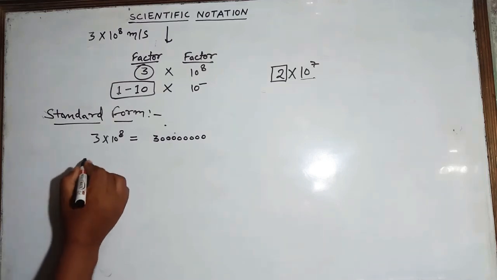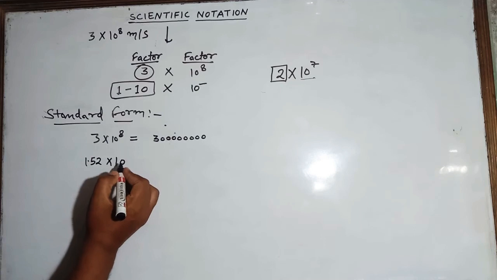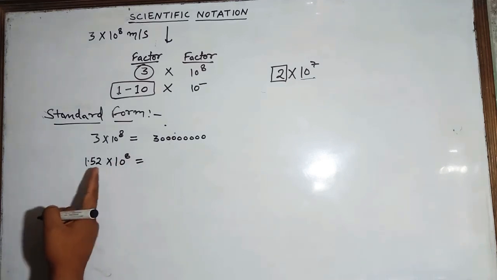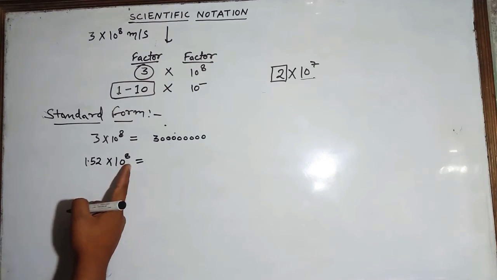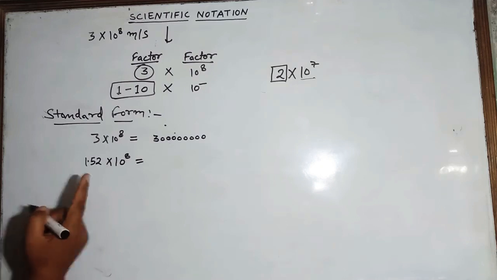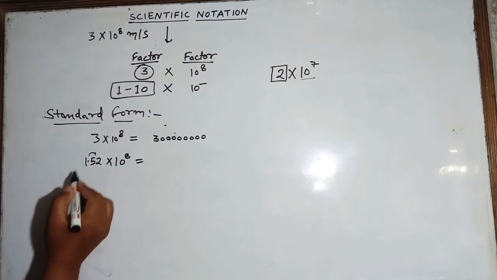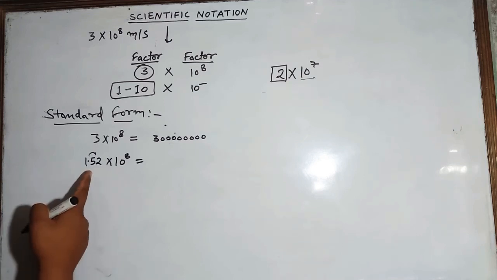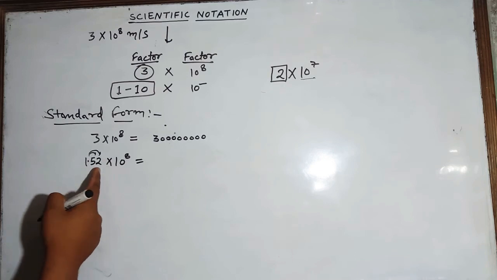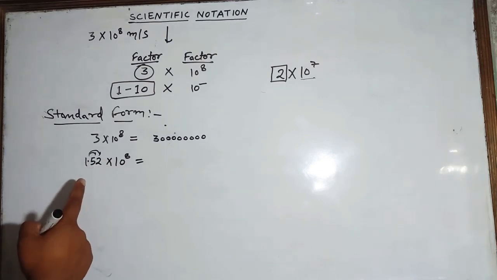One more example: if 1.52 into 10 to the power 8 is written, what will be the standard form? Here power is 8, meaning we multiply by 10, 8 times. Here is the decimal point. If we multiply with 10, the decimal will move one place right. If we multiply with 100, meaning 10 into 10, the decimal will move 2 places right.